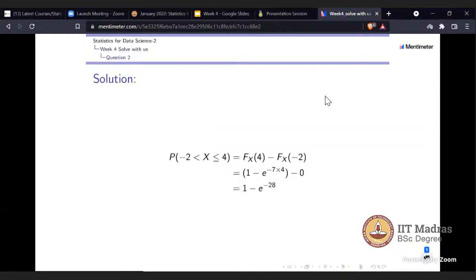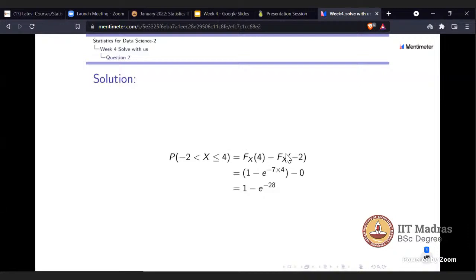See, you have x lying between minus 2 and 4, right? This is the question that was asked. You know that the probability of x lying between A and B can be written as Fx of B minus Fx of A. Fx of x is already defined in your question: 1 minus e to the power minus 7x, but that is for x greater than or equal to 0.